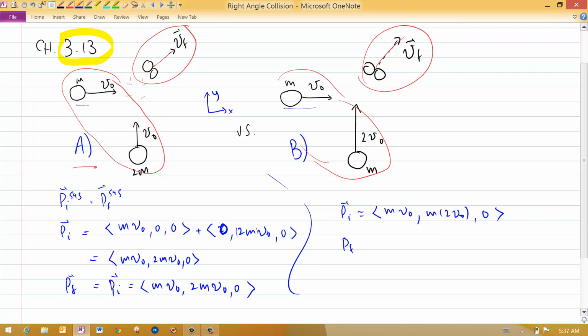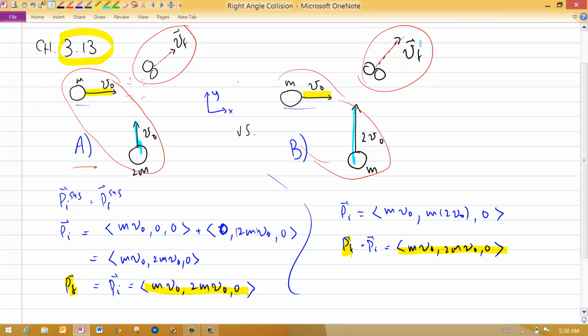Again, because of the collision, the final momentum is going to be equal to the initial momentum, which is m v0 and 2m v0, 0. And we now have the situation where the final momentum in system A and the final momentum in system B are exactly the same thing. You can see this momentum is the same as that one. And therefore, the initial momentum in situation A is the same as the initial momentum in situation B, and therefore their final momenta are the same.